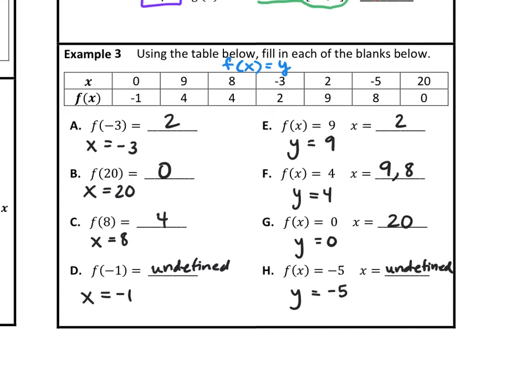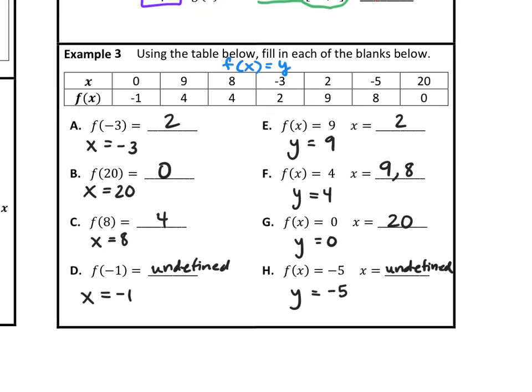Now, I want to say something about the undefined, because the mistake that students usually make is they say, oh, I have to look for -5. I don't see it in the second row, but I do see it on the first row.